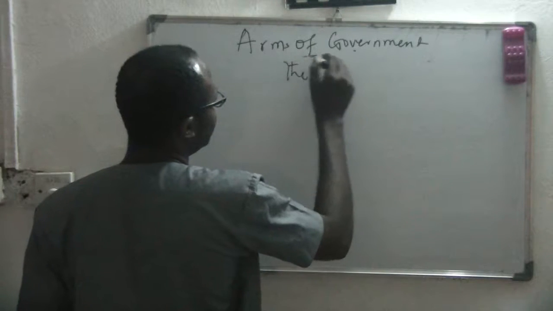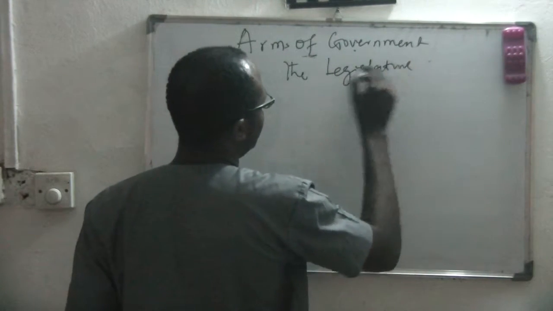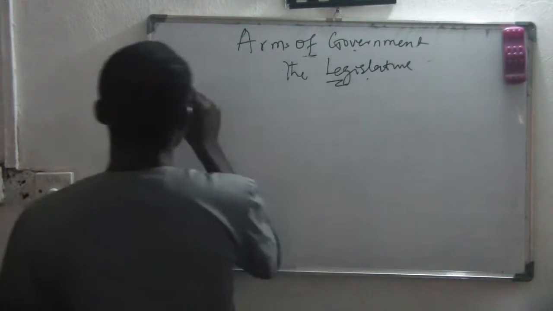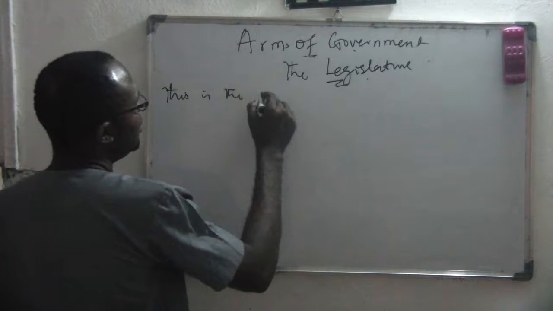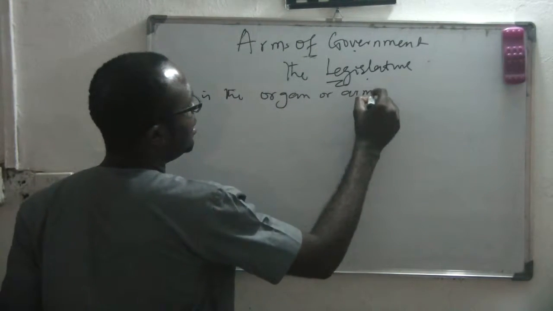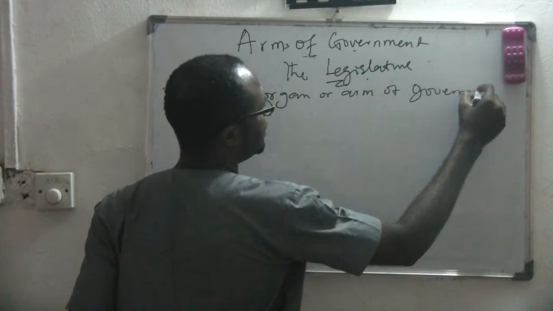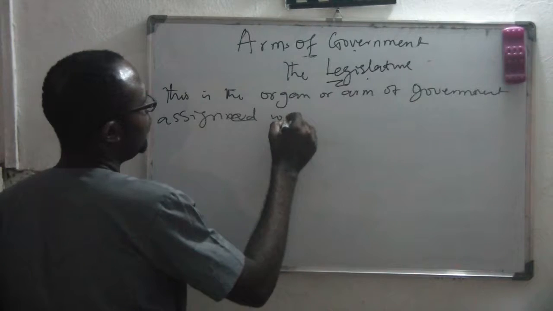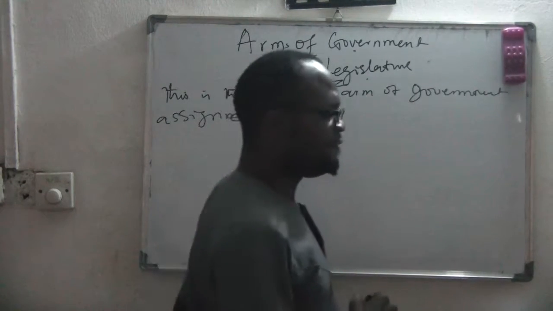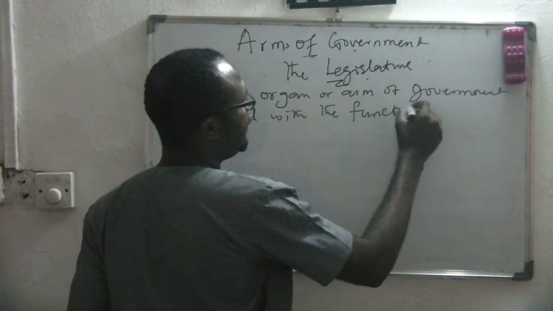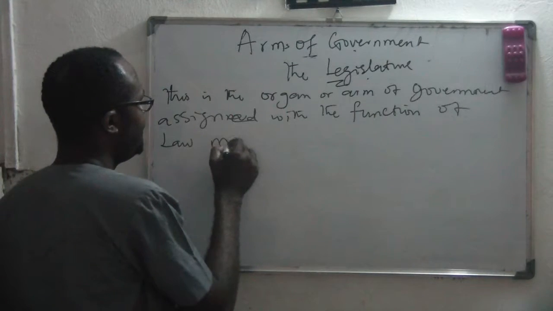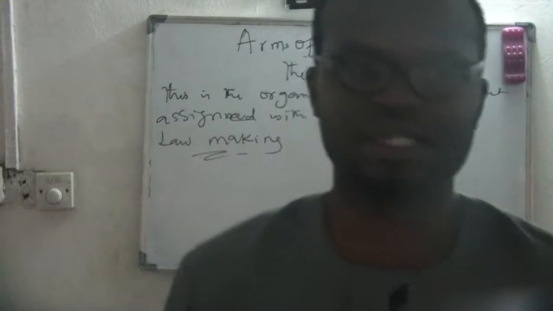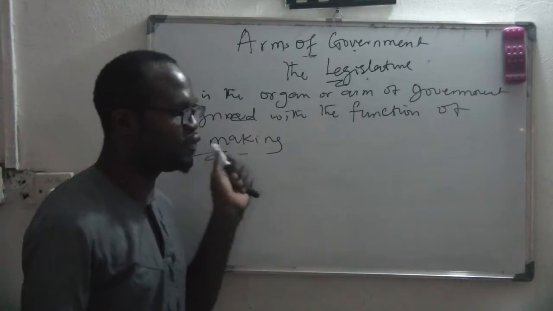Number one, we look at the legislature. This is the organ or arm of government assigned with the function of lawmaking.